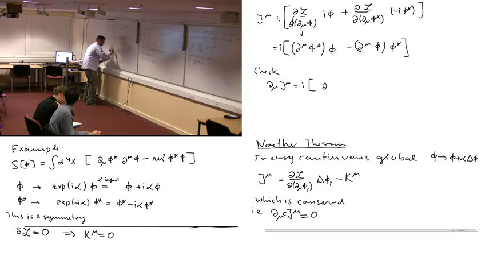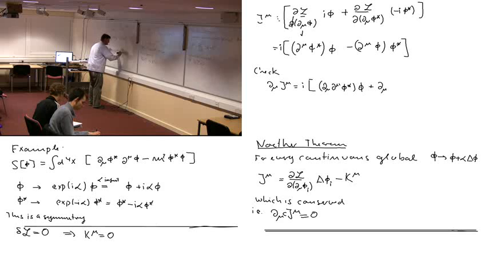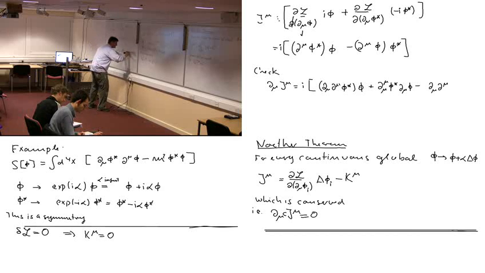So we have d mu phi star times phi plus d mu phi star, sorry, that should be an upper index, d mu phi star d mu phi, and then minus d mu phi d mu phi star minus d mu phi star d mu phi.